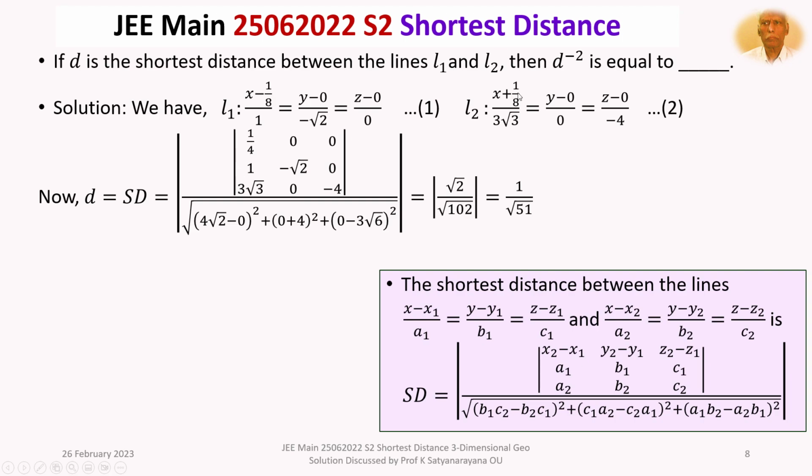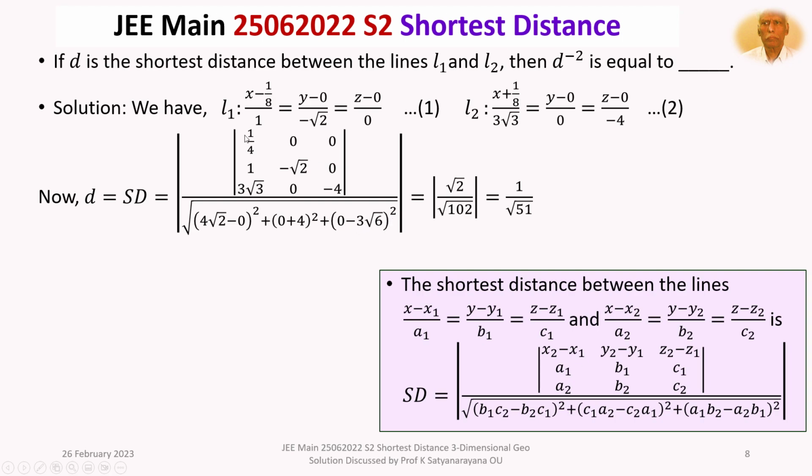The first row is x2 − x1, that is 1/8 − (−1/8) = 2/8 = 1/4, then y2 − y1 = 0 − 0 = 0, and z2 − z1 = 0 − 0 = 0. Then a1 = 1, b1 = −√2, c1 = 0, and 3√3, 0, −4. Divided by the square root of (b1c2)², that is (4√2 − 0)², plus (c1a2 − c2a1)², that is (0 + 4)², plus (a1b2 − a2b1)², that is (0 + 3√6)².